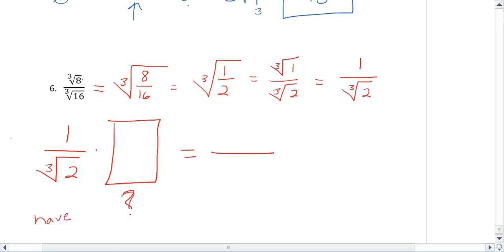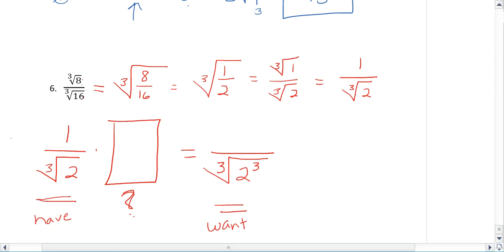This question mark is what the multiplier has to be to give us what we want. So let's write what we want here. I want the cube root of a perfect cube. Since 2 is the base here, using the base of 2 with a perfect cube would be 2 to the third.